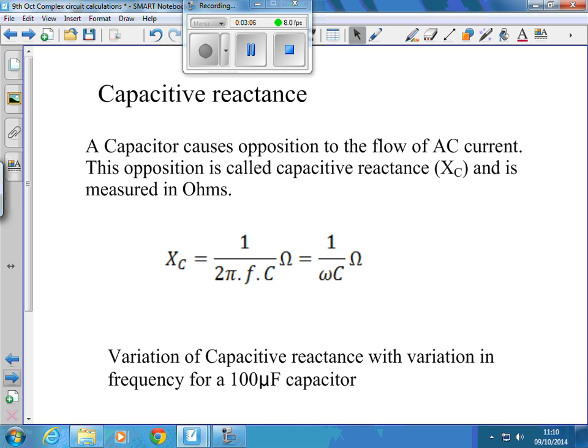So we've got this quantity, capacitive reactance, XC. It's measured in ohms, and you calculate it either by 1 over 2 pi fC, so again it's frequency dependent, or 1 over omega C, where omega is always equal to the 2 pi f bit from the first version of the formula.